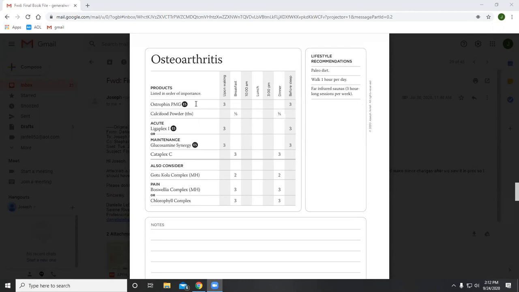One of the products I want you to write in for synovial fluid and the maintenance of that balance in that fluid is actually the product called OrChecks.